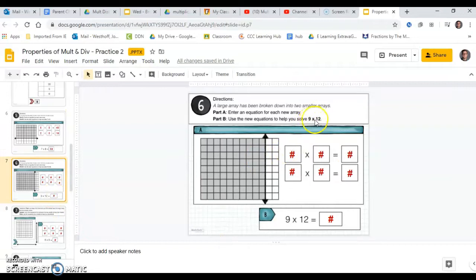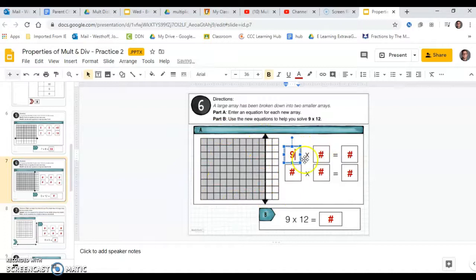Here, 9 times 12. 9 times 12, you might think to yourself, what? No way could I solve 9 times 12 using mental math, but you could. Here's an array that's a 9 by 10. 9 times 10, you already know that that's 90.